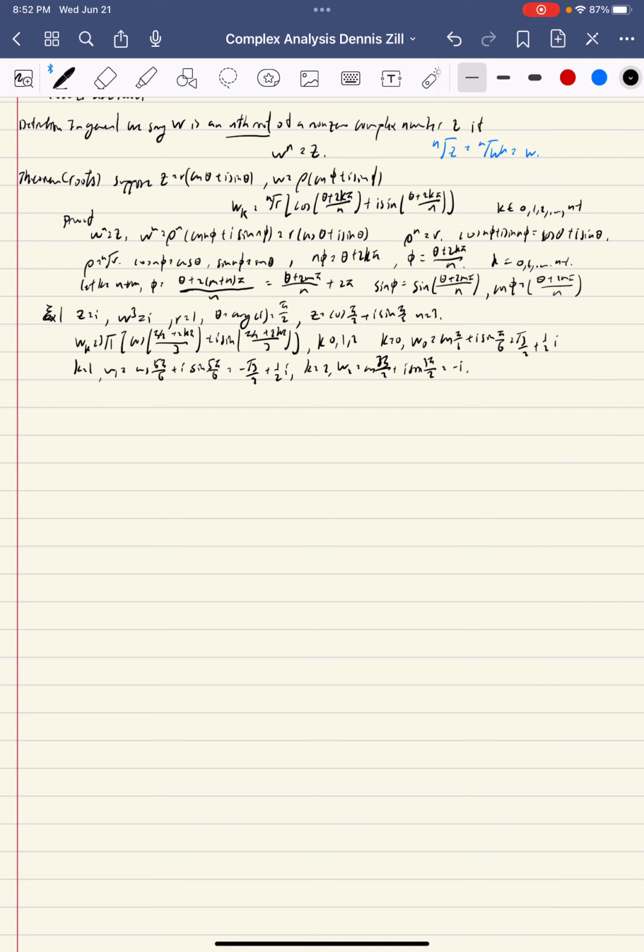Now we've resolved it. And now we want to find the principal nth root.